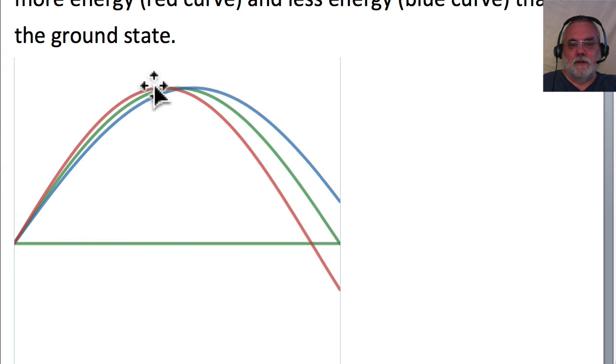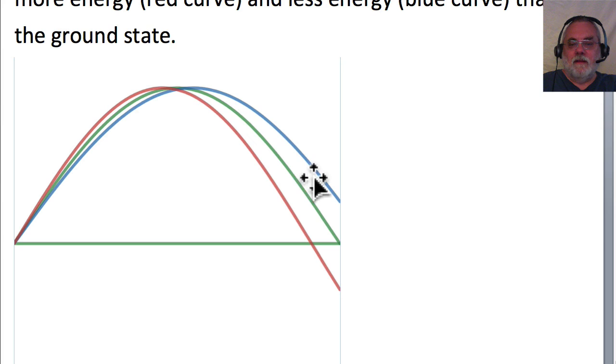The curvature is due to their energy. The red curve has more energy than the green curve, so it has more curvature toward the axis. The blue curve has less energy than the green curve, so it has less curvature toward the axis.